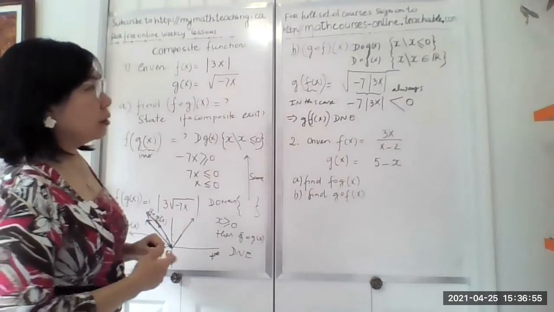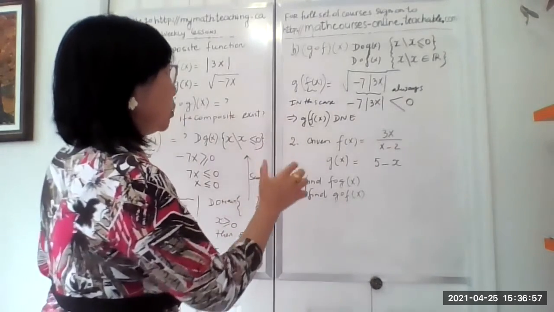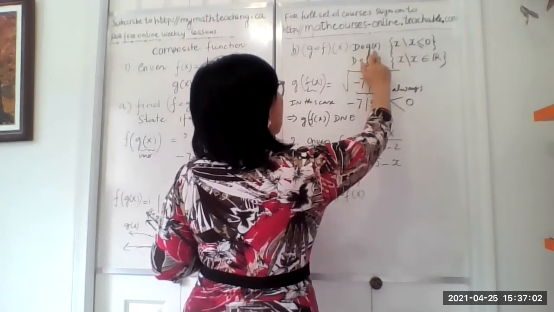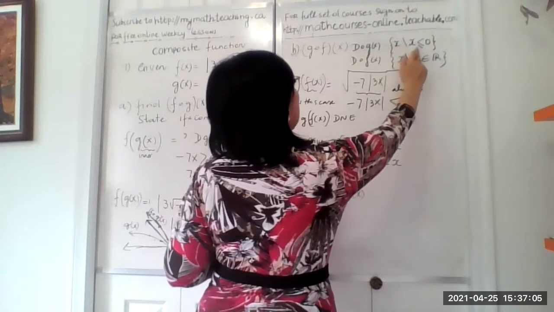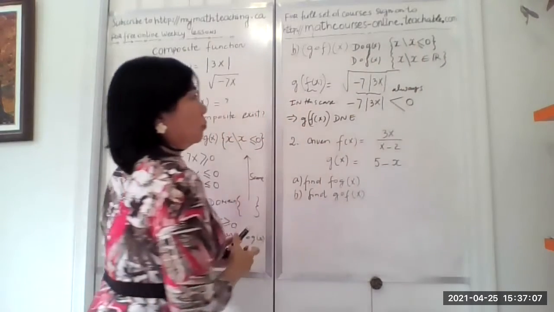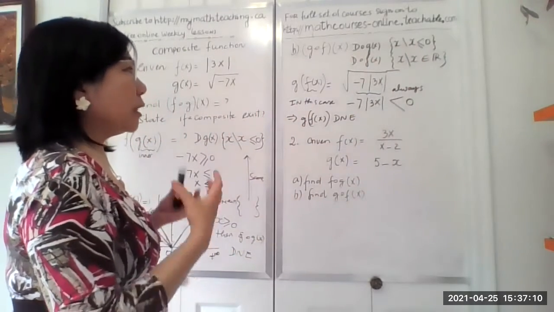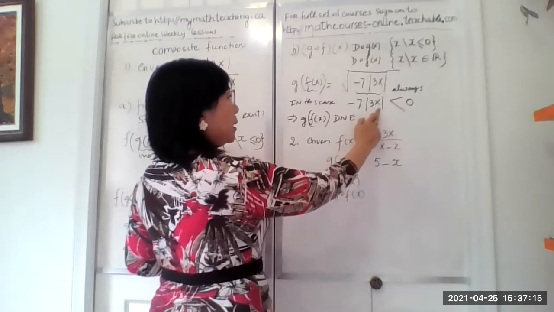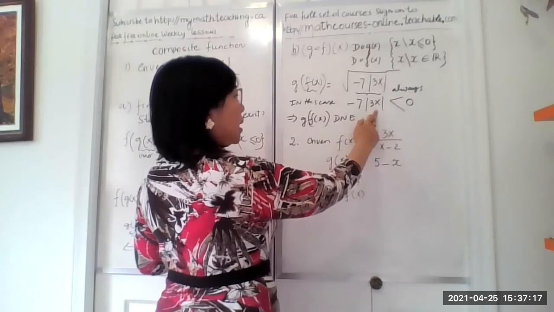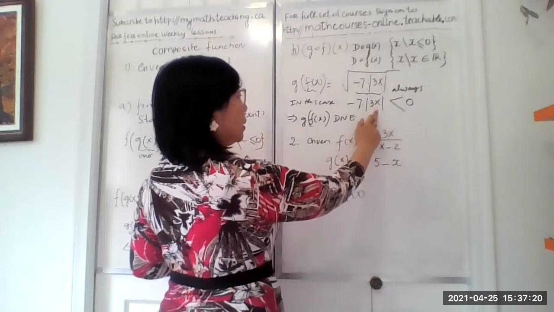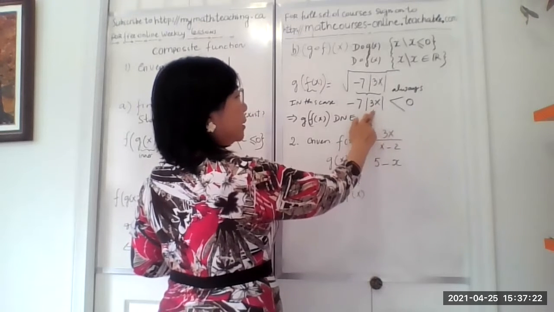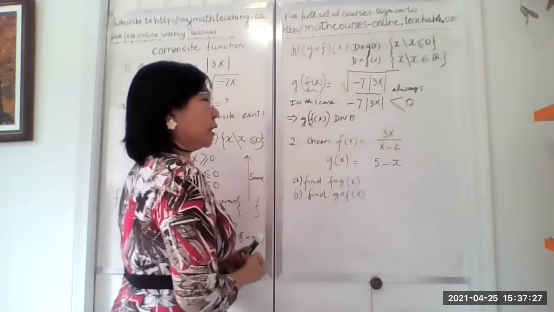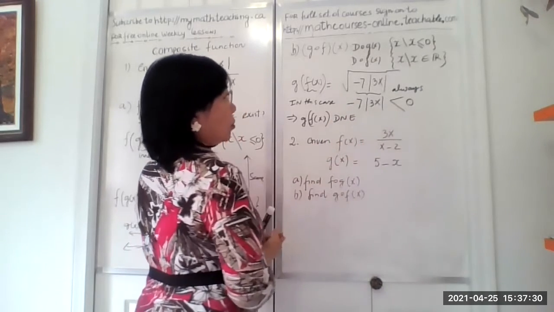So now let's check the domain of g of x. We said that the domain of g of x is x has to be less than 0, so x has to be negative. But if we place x inside the absolute value, x can be negative or positive, yet no matter what, when we multiply by minus 7, it always becomes negative, always less than 0.